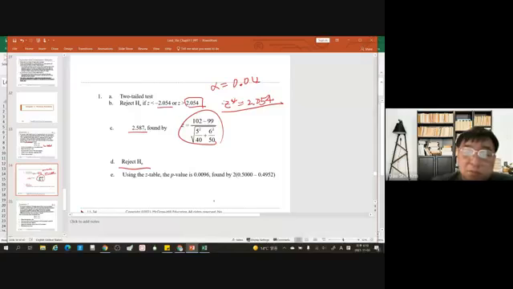When you use the p-value, we need to calculate backward. You need to remember this one, 2.587.